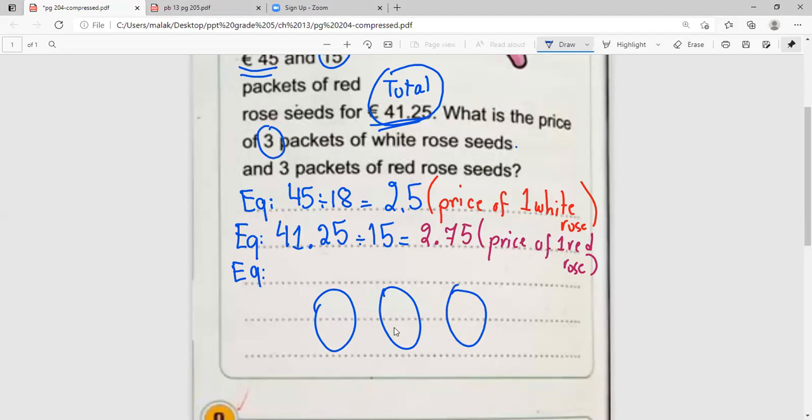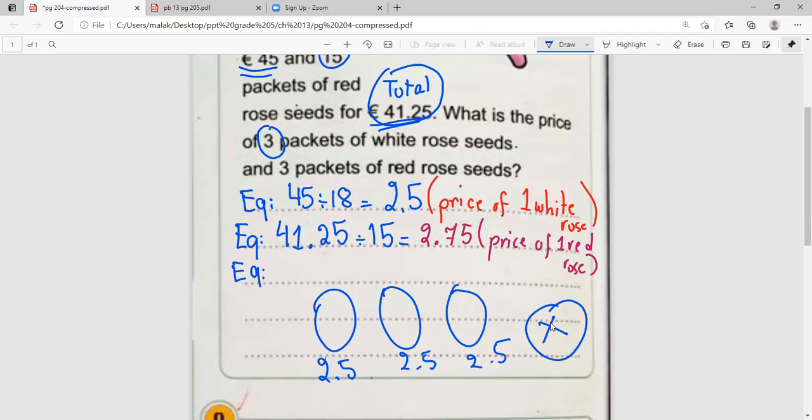We need to find the price of 3 packets, and we know the price of one packet of white roses. Jad, what is the price of one white rose? 2.5. What shall I do now? Times. Bravo. Why do we have to multiply?